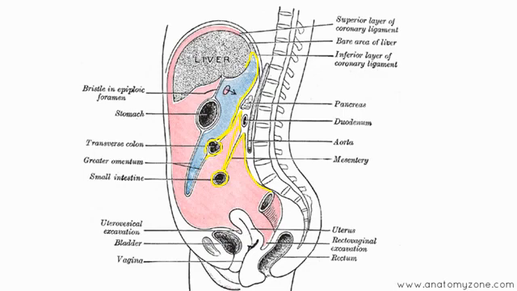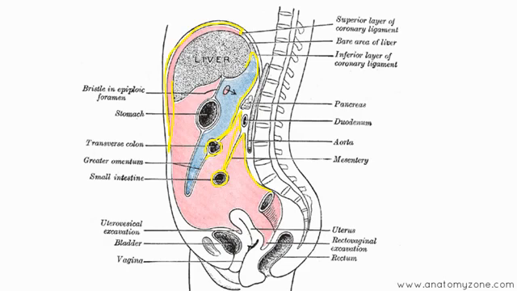So we've seen how the liver is attached to the anterior abdominal wall by the falciform ligament. We've seen how the parietal peritoneum surrounds the whole peritoneal cavity, and at the top we looked at how the peritoneum reflects from the inferior surface of the diaphragm onto the liver via these coronary ligaments.